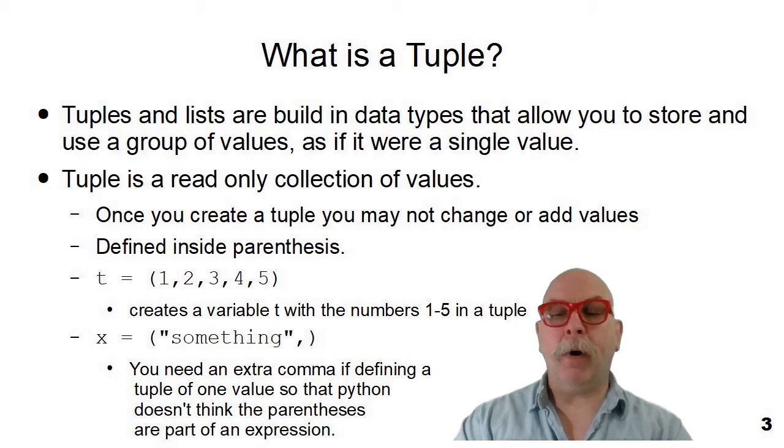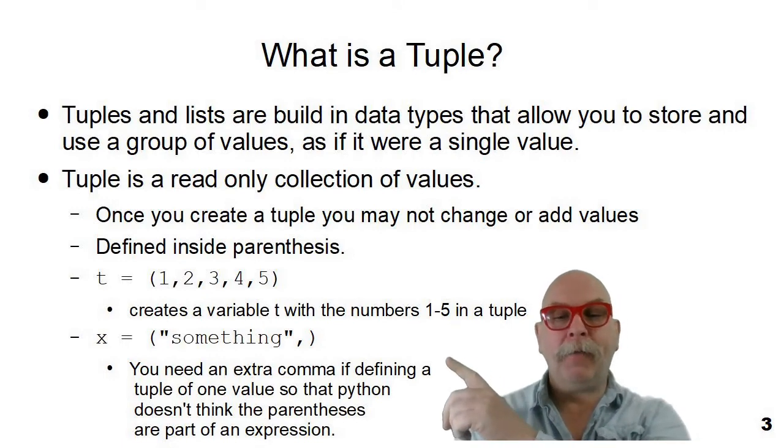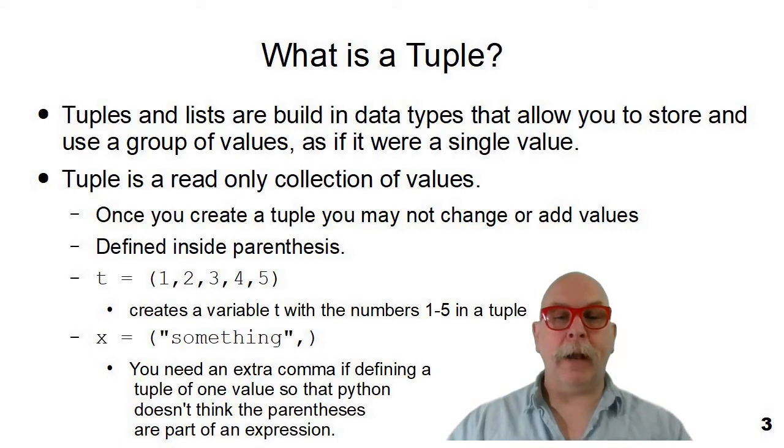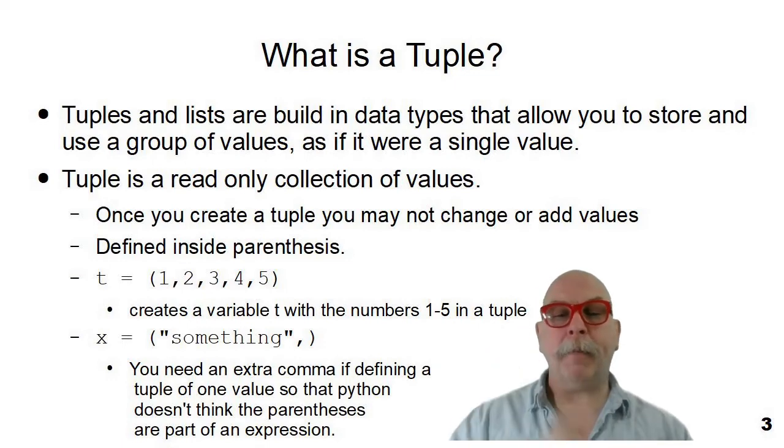Sometimes you may want to create a tuple with only one value, and to keep Python from getting confused about whether those parentheses are just around an item, meaning to do that first, or around a tuple, you have to put that extra comma at the end when you're defining a tuple of a single value. But a tuple is a list of values that is read-only that you can use throughout your program.